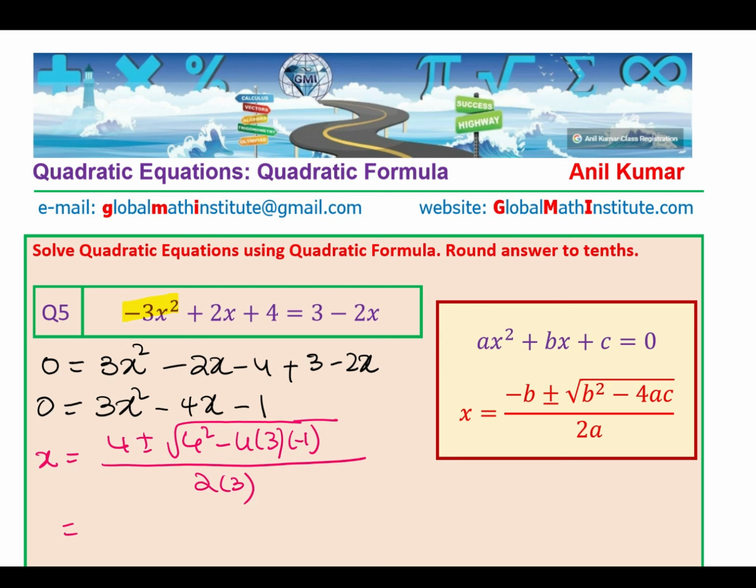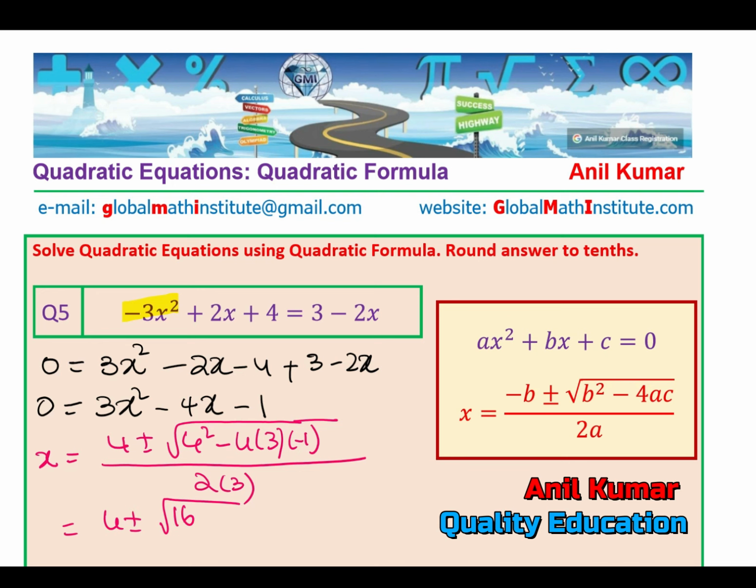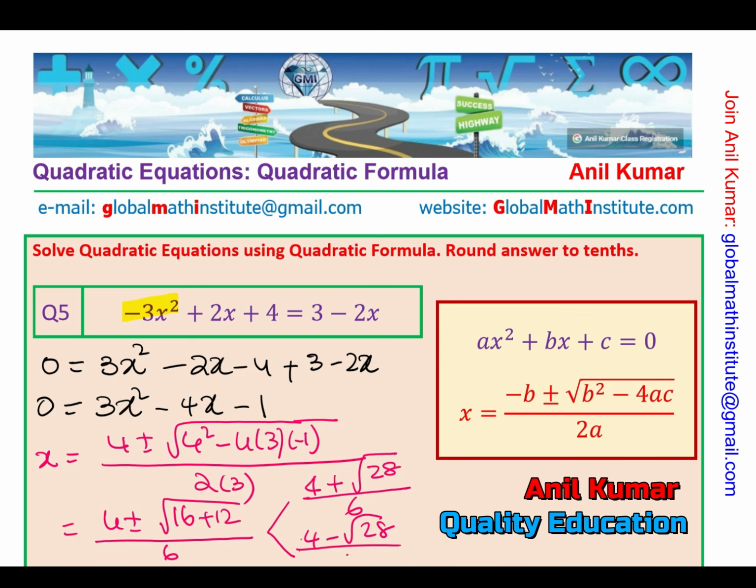So we get 4 plus minus square root of 4 squared is 16, and this is 4 times 3, 12, right? Over 2 times 3 is 6, right? So we have two different solutions. One is 4 plus square root of 12 plus 16, which is 28 over 6. And then we have 4 minus square root of 28 over 6, correct?